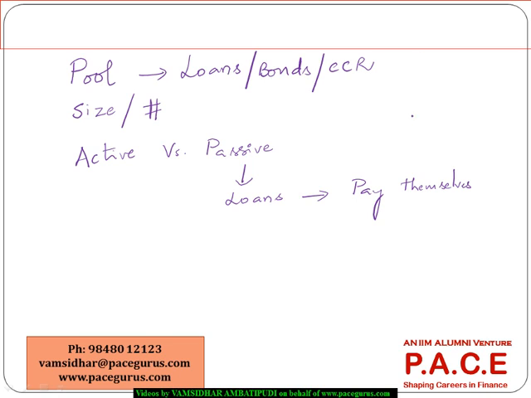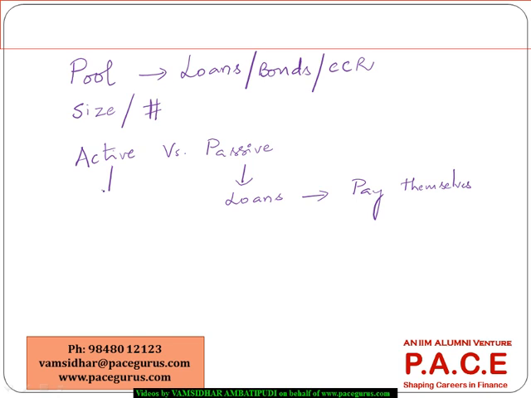Or a vehicle loan, if you have taken it for 5 years, at the end of 5 years, the loan value will become zero. So even if the instrument is created using those loans as the backup, at the end of the time period, the loan is closed. So even the structured product is closed. So they are like passively managed.